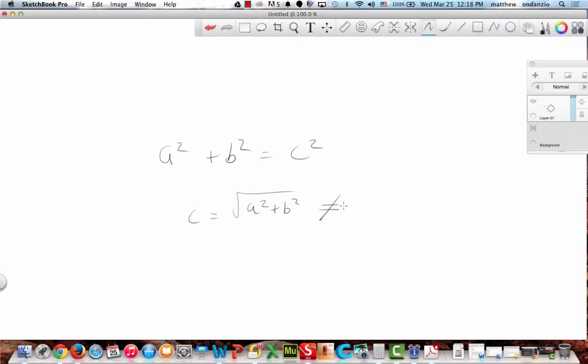This does not equal the square root of a squared plus the square root of b squared. Now, if it was that, then yes, this would equal a plus b, but it doesn't. 2 squared plus 3 squared, okay? Let's look at that. That's 4 plus 9. What is that? 13. Does 13 equal 5? No. Okay. All right.